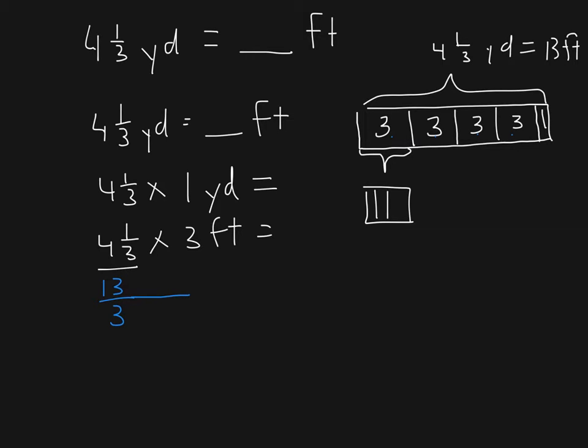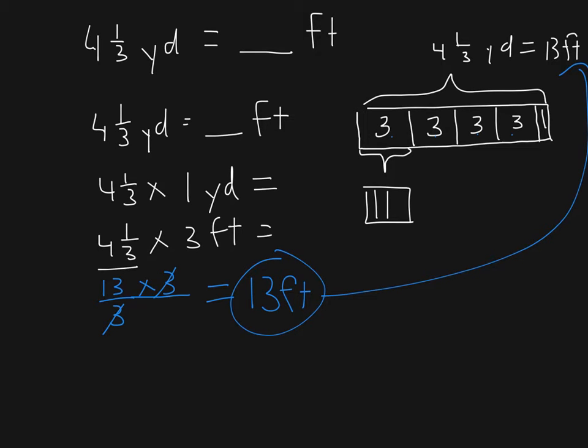And I'm going to multiply that times 3 whole feet. What I will notice now is that the thirds and the times 3 will cancel each other out, so I'm left with 13. And of course that's 13 feet. I'm going to look over here and see, yep, that's the same answer I got when I did the tape diagram, so I'm sure that it's right.